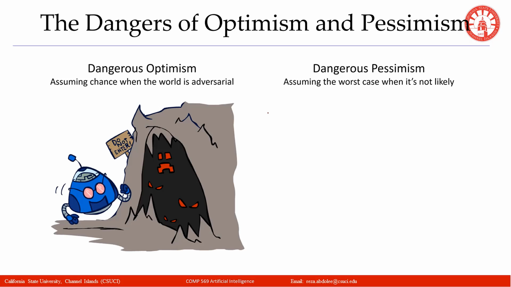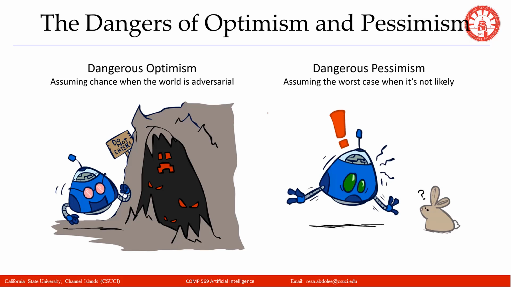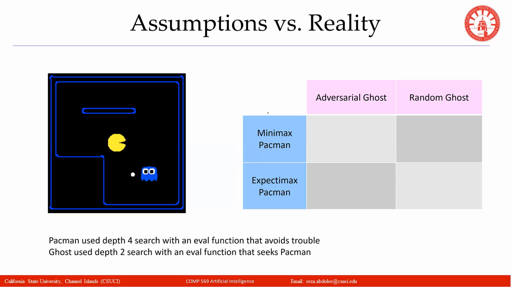And on the other hand, we might have the danger of pessimism. You consider the worst case scenario in your game, where you should not. So here is an example that shows this scenario, optimism and pessimism in your modeling.